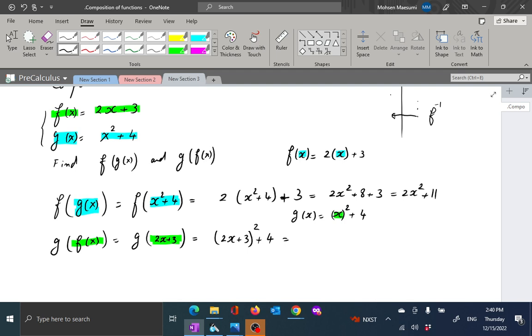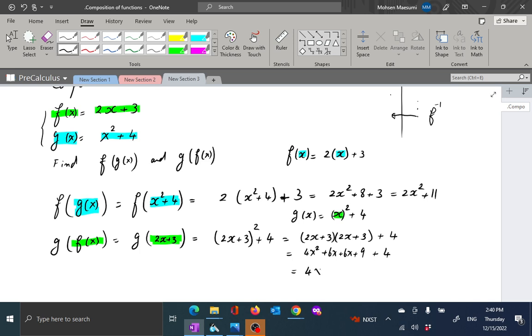Now, do you know how to square something? Let's do it once, and then from now on you are going to do it the quicker style. So squaring means multiply by yourself a second time. So 2x times 2x is 4x squared, 2x times 3 is 6x, and 3 times 2x is again 6x, and 3 times 3 is a 9, plus a 4.